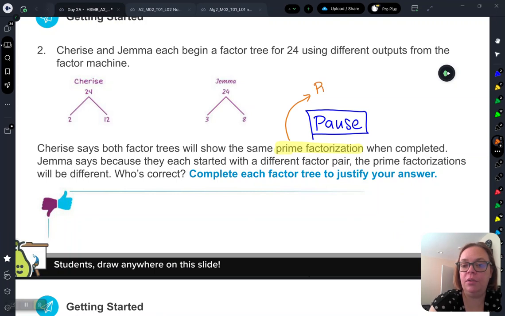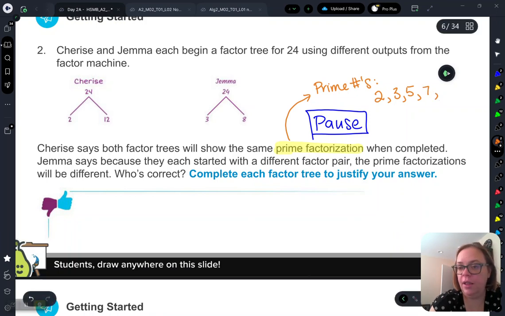So examples of prime numbers are 2. 2 times 1 is the only thing that multiplies to make 2. 3, not 4, because 4 is 2 times 2. 5 is. 6 is not prime. 7 is. 8 is not prime.